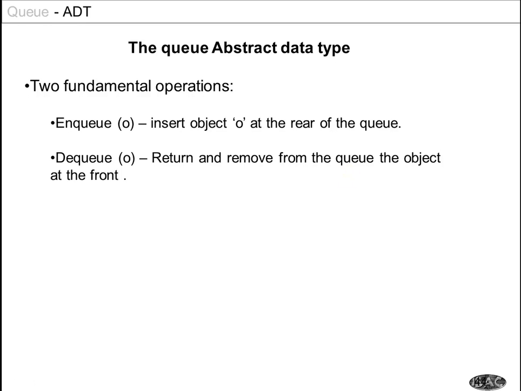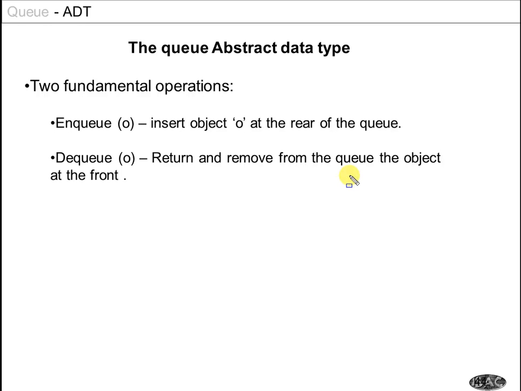Now there are two fundamental operations. Like in a stack, where we had push and pop, in a queue we have two fundamental operations. One is called enqueue, and the other is called dequeue. Enqueue means inserting an object.